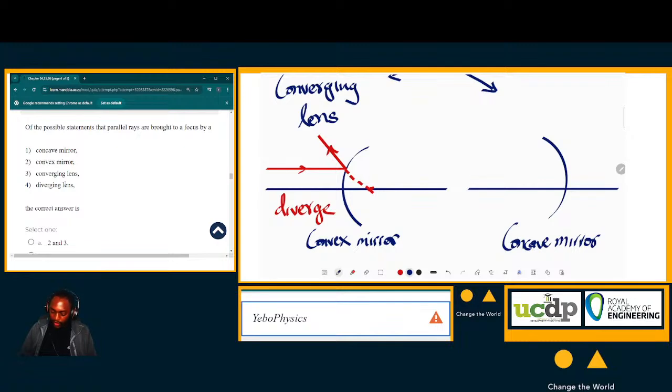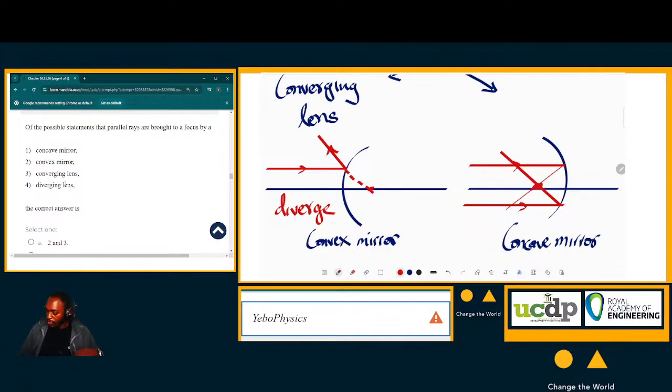All right, so for a concave mirror, if you've got a ray parallel to the principal axis, there you are. When it reaches the mirror, it's a reflecting surface, it will be reflected and pass through that point. Also similar, if you've got parallel rays on the other side, they'll be reflected and pass through the focus point.